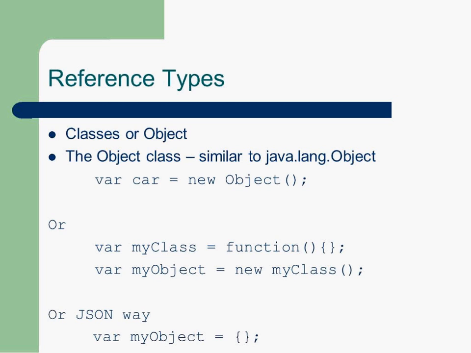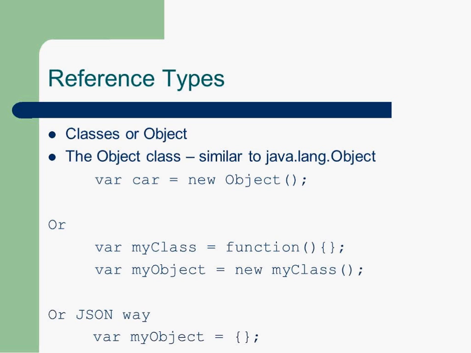Another way in JavaScript to define objects is using a constructor function. You say var my class, because it behaves like a class. So my class is a function, and using that function you are creating an object.